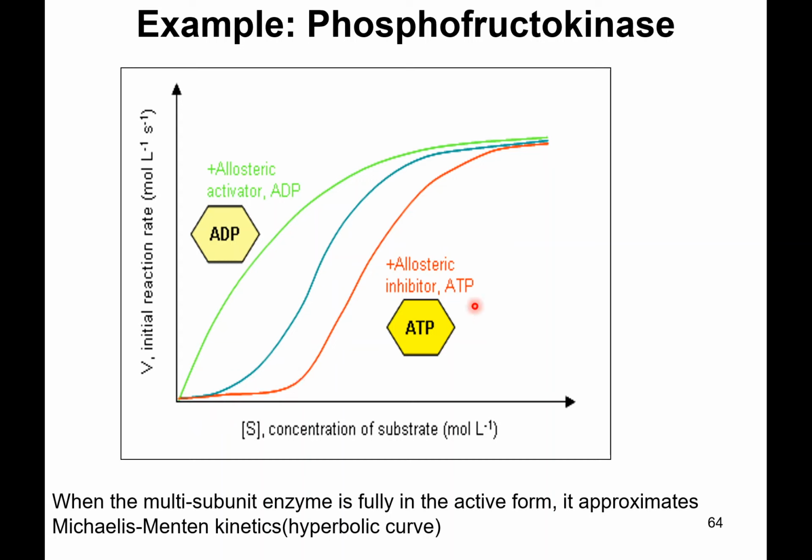So that's our inhibitor ATP. Right? So what it's doing is lowering the rate. As we follow substrate concentration, that rate stays low when we have our allosteric inhibitor present. When we have our allosteric activator present, though, ADP, our rate is really high initially with low substrate concentrations. Okay, and so the composite of the green and the red, what we get is the blue color here in the middle.